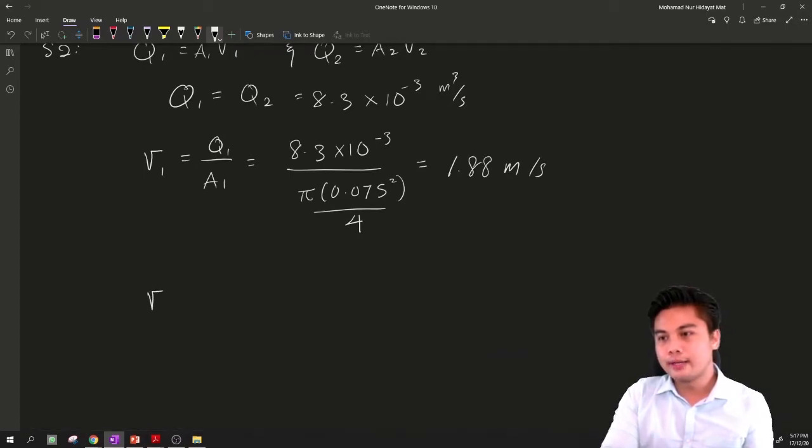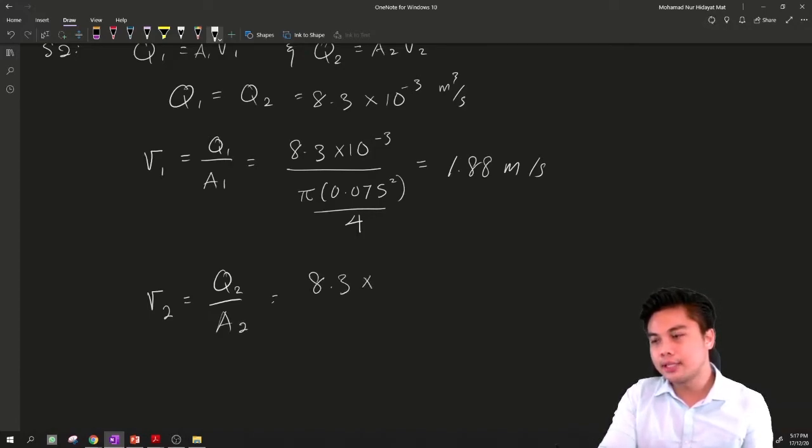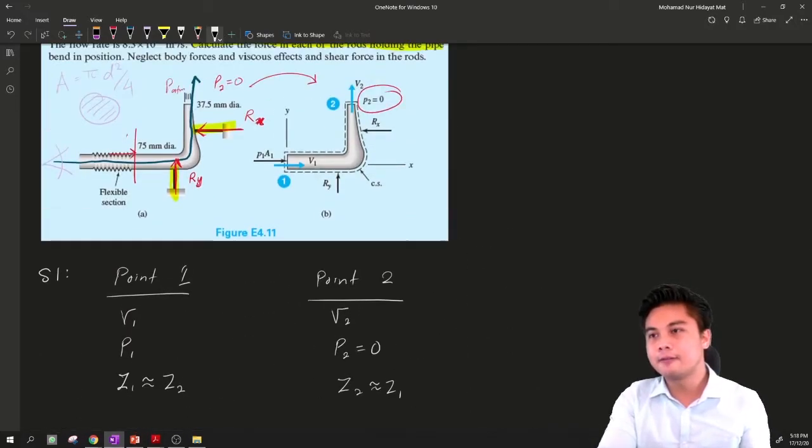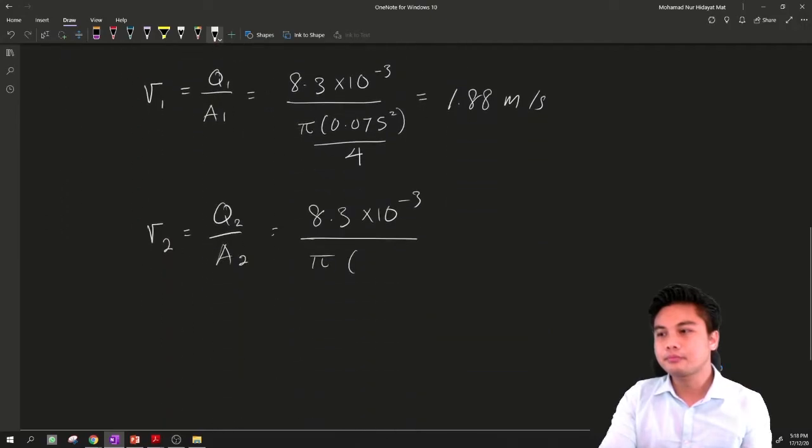Next, we need to find velocity 2, which is Q2 over A2. Q2 is the same as Q1, which is 8.3 multiplied by 10 to the power of negative 3 over pi. The diameter of the pipe here is given as 37.5 millimeters.